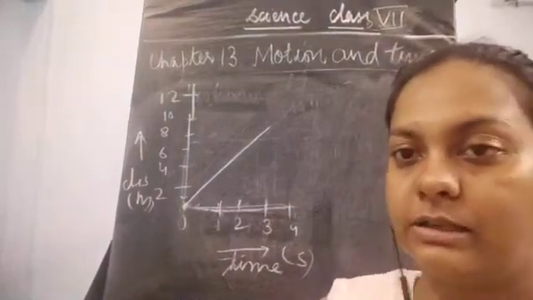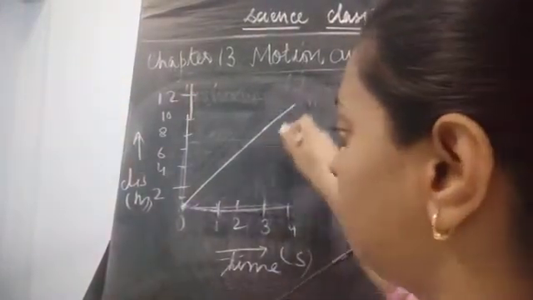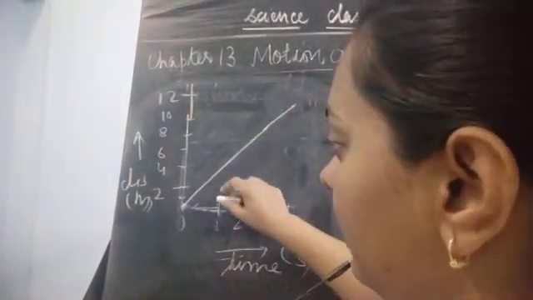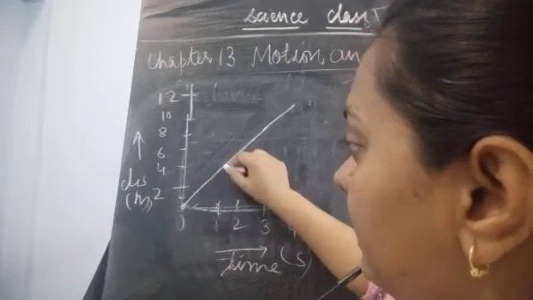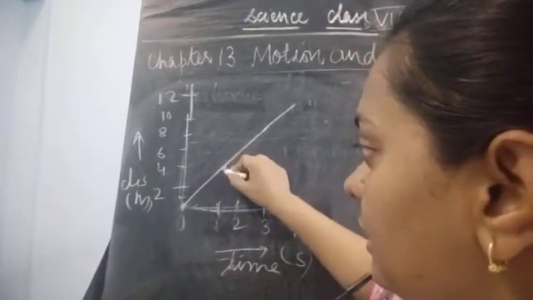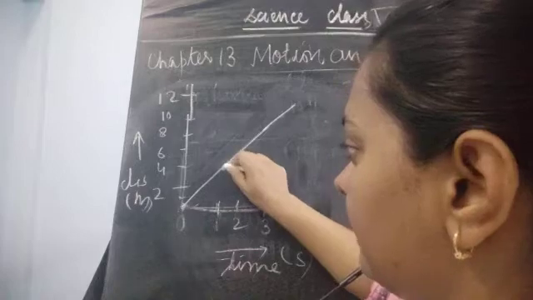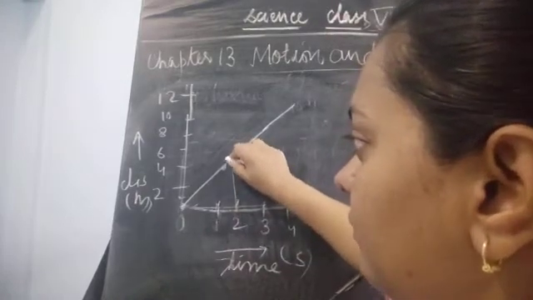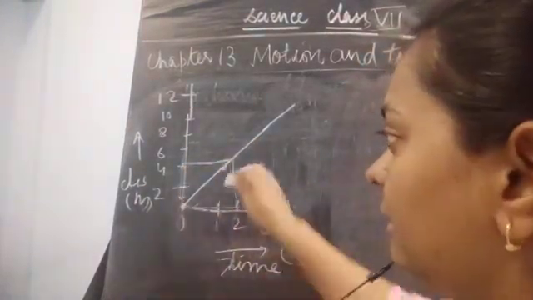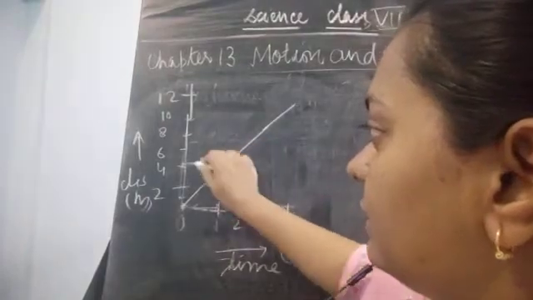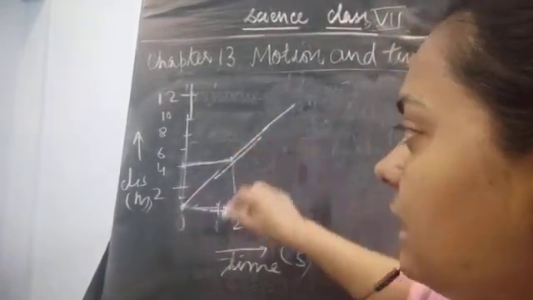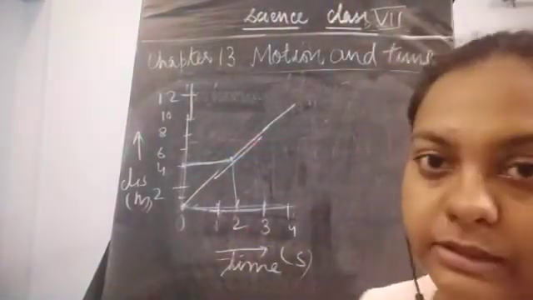So we'll just take this previous graph only, and where we have drawn at 2 seconds, it was 4 meters. So if we see that 2 and 4, okay, so it has 2 and 4 somewhere here. Use scale to draw.